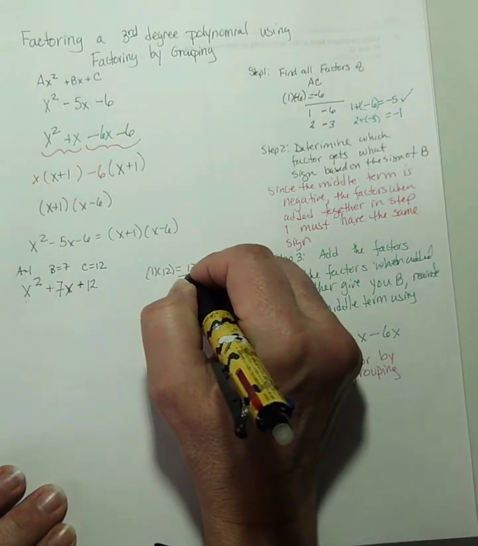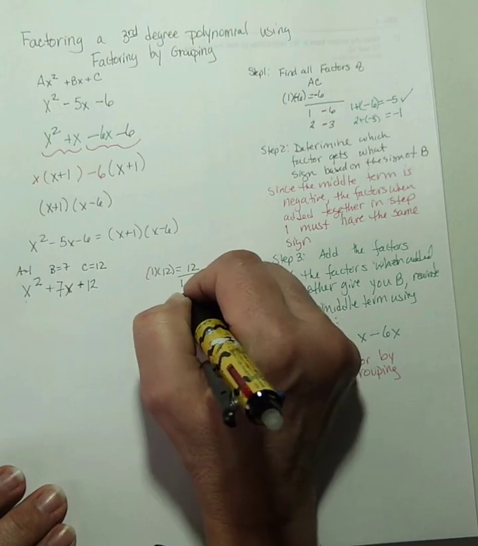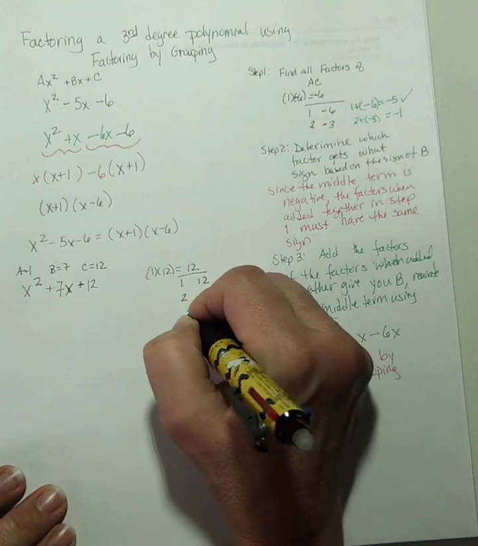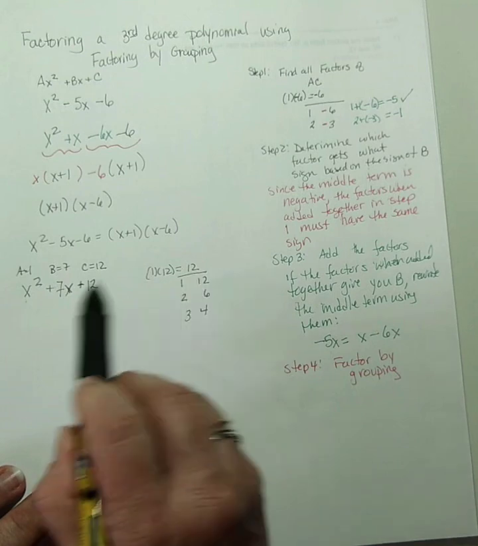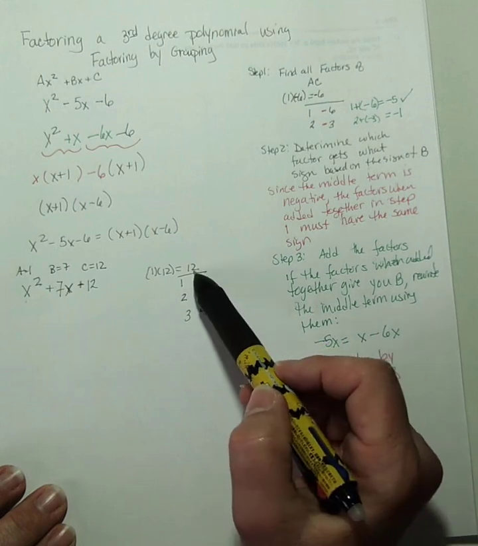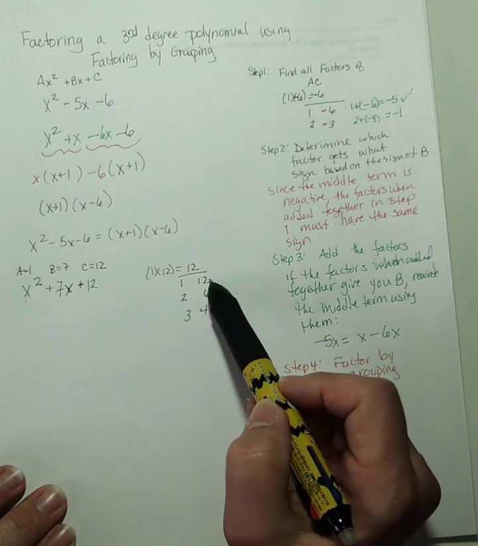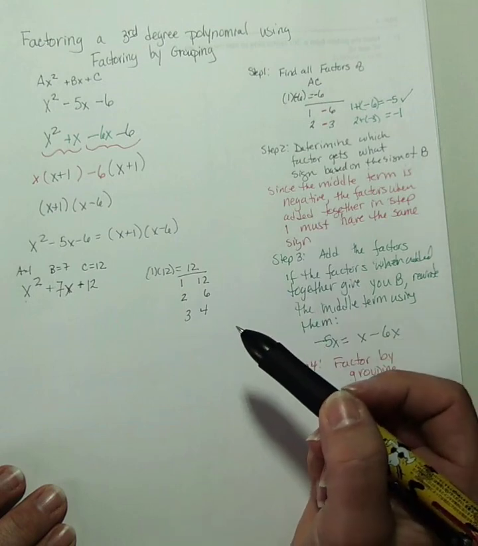So step 1, find all the factors of 12: 1 and 12, 2 and 6, 3 and 4. And again, both factors would have to be positive in order for me to add them to get a positive number. Because the only way I can get a positive number is either both are positive or both are negative. So both my factors have to be positive.